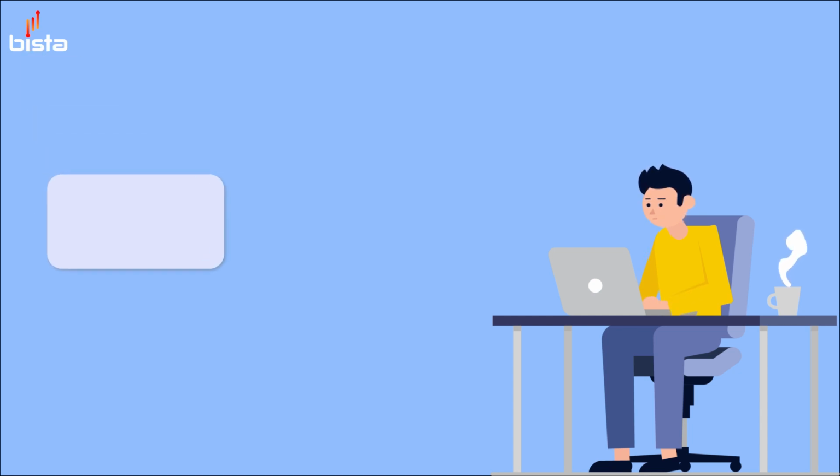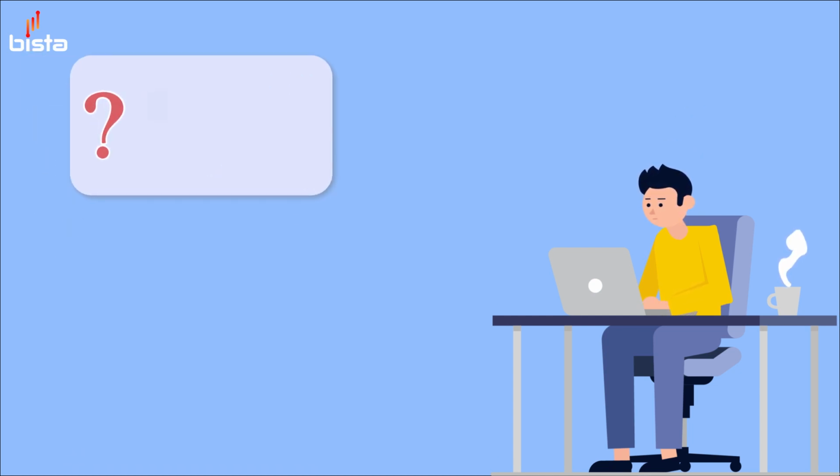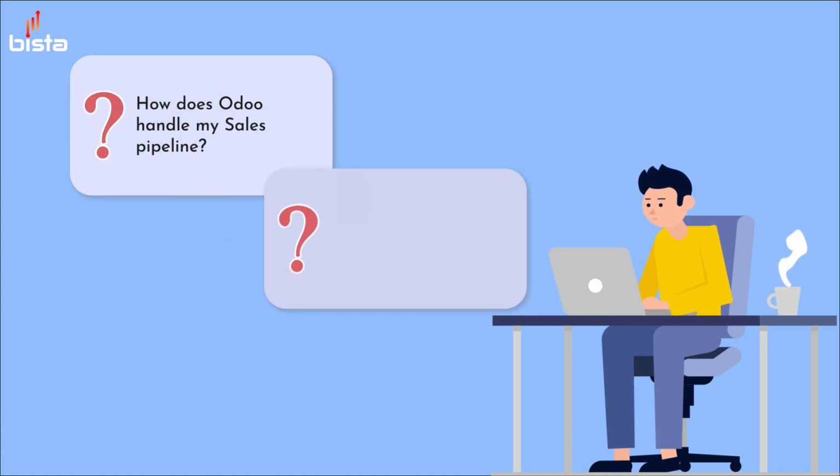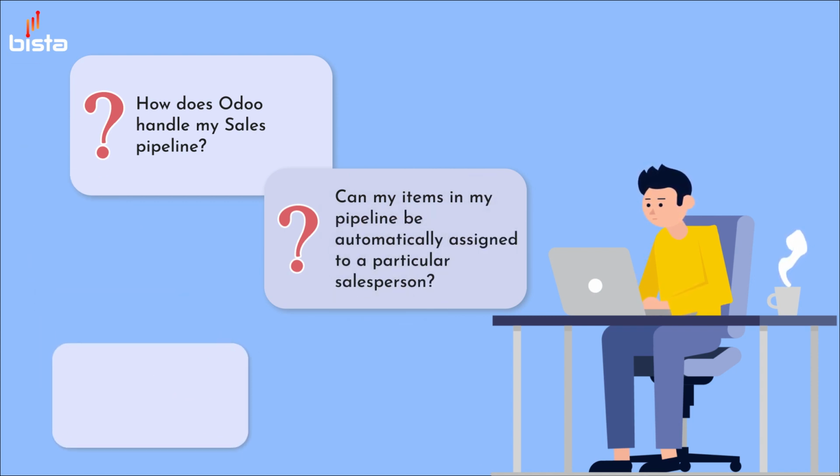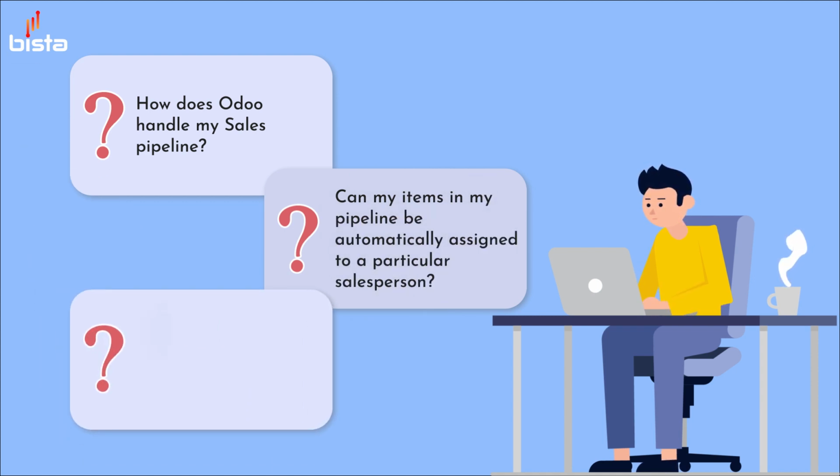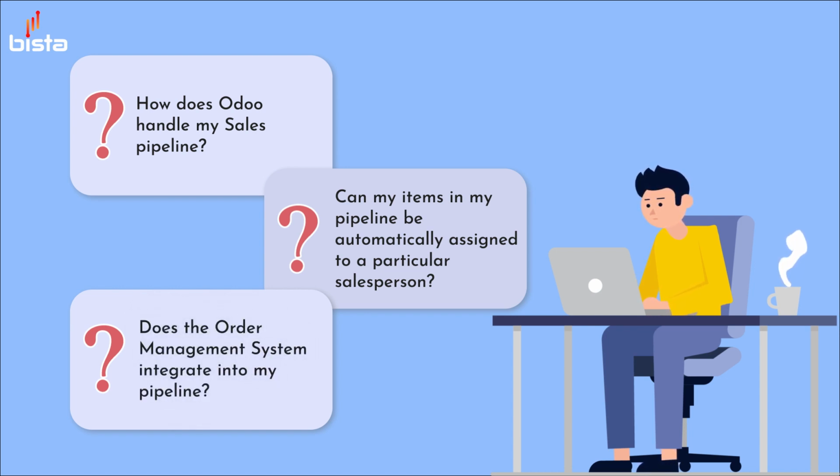Some of the questions that a manager might need to answer using the workflows in Odoo are: how does Odoo handle my sales pipeline? Can my items in my pipeline be automatically assigned to a particular salesperson? Does the order management system integrate into my pipeline?